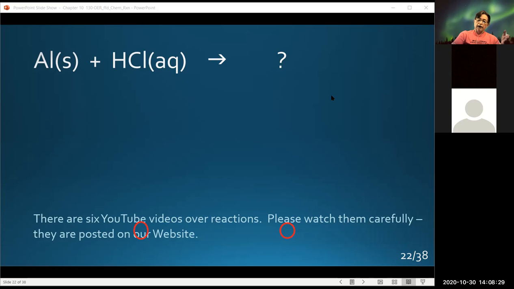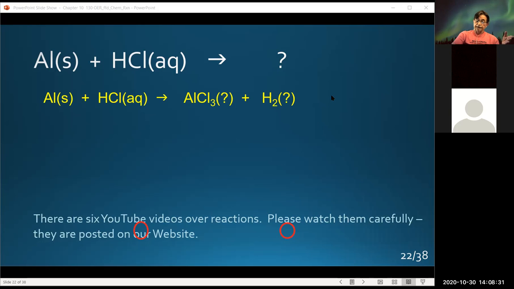Anyway, the reaction is yes, and they exchange places, because now the aluminum is replacing the position of the proton to give you aluminum chloride. And the proton, now in the ionic form of hydrogen, goes on to create hydrogen gas.